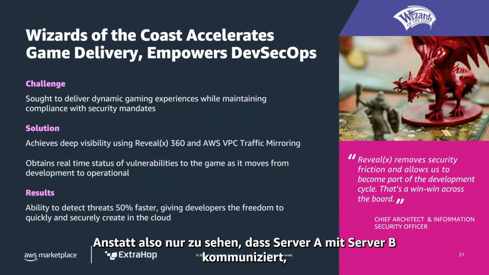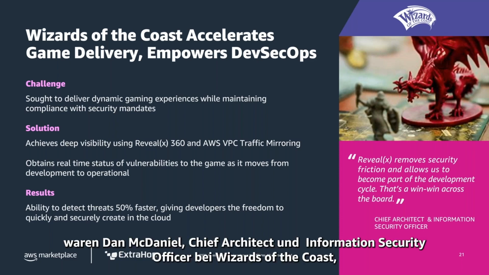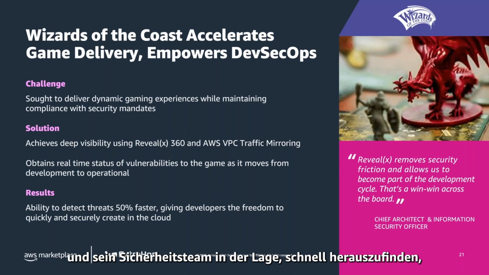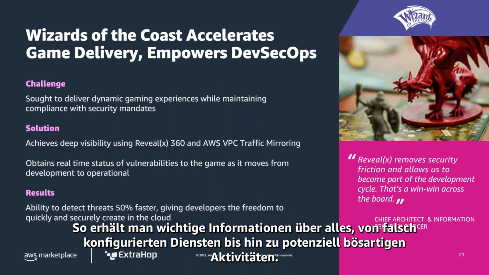So instead of only seeing that server A was talking to server B, McDaniel, Chief Architect and Information Security Officer at Wizards of the Coast, and his security team were able to quickly drill down into what those servers were saying to each other, how they communicate with each other. And then they can get critical information about everything from misconfigured services to potential malicious activity.